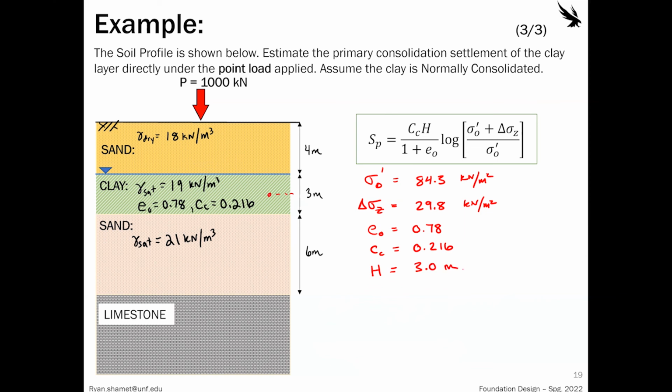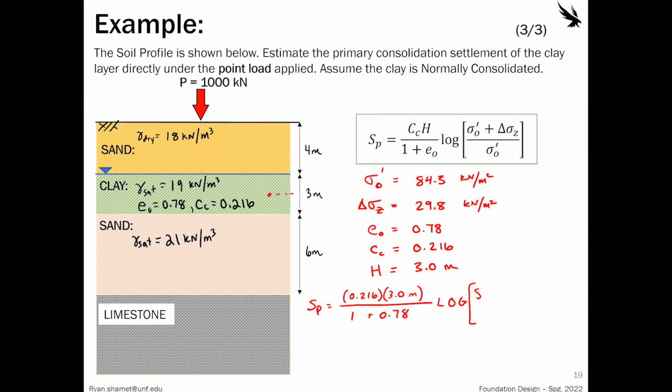Now we can plug everything in. So we see that our Sp is equal to 0.216 times our height. Always note this unit of measurement here. It's also 1 plus 0.78. Don't forget the log.